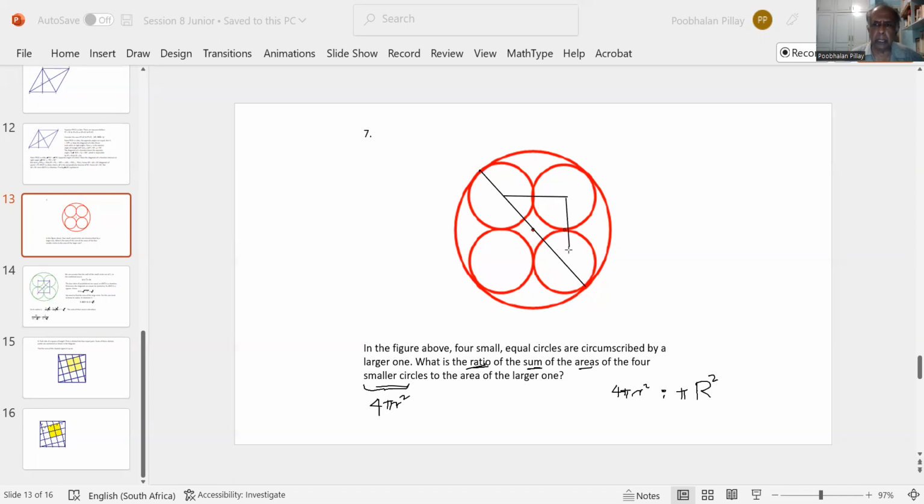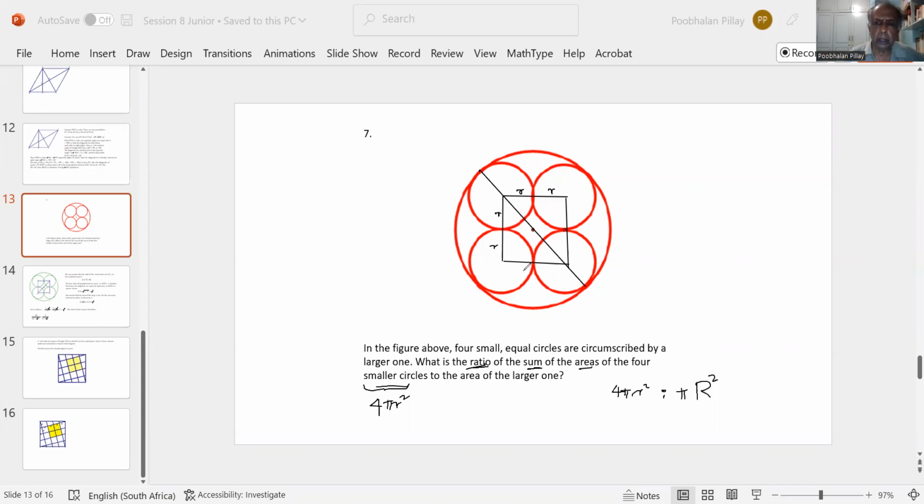You can see quite clearly that if you join the 4 centers, you're going to get a square, with the symmetry of this. The reason is that this is the radius of the small circle, so there is r, there is also r, r, r.